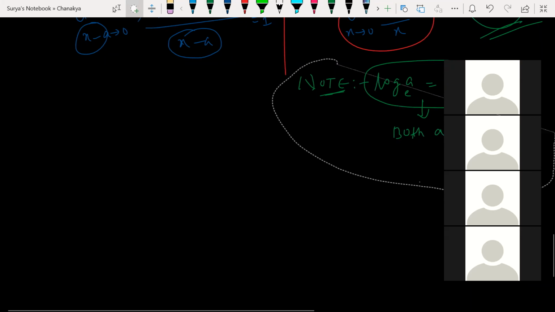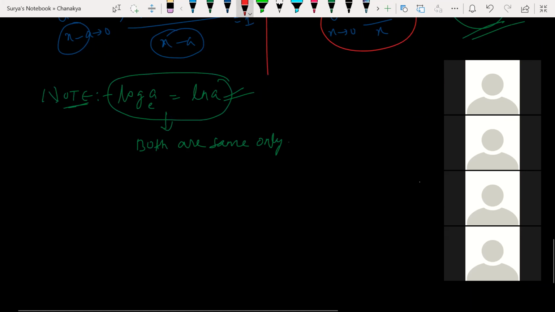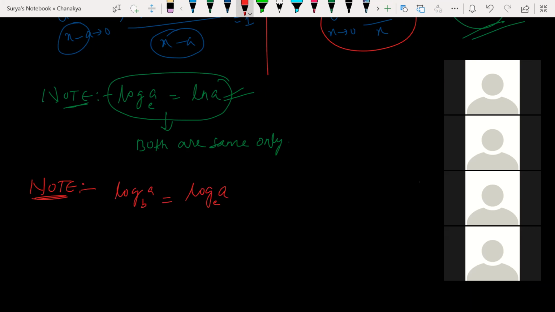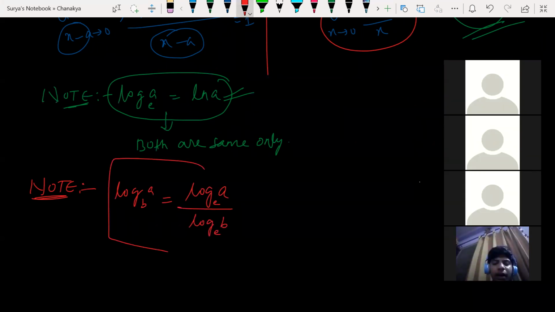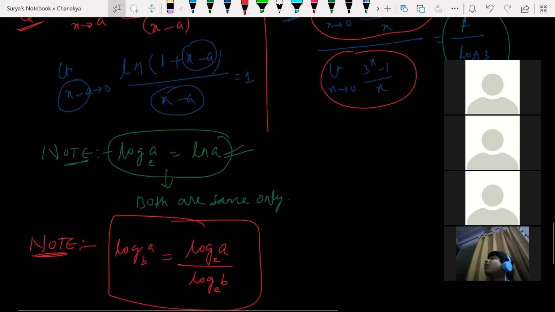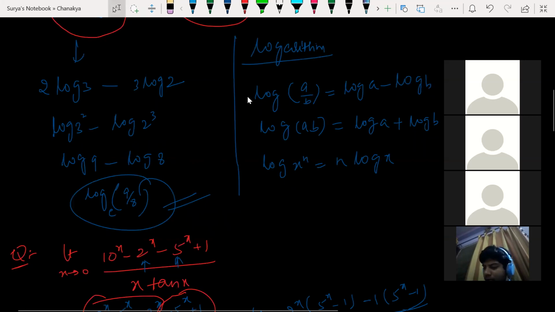Take this note somewhere here. One more note you can write here. Log A base B can be written as log A base e divided by log B base e. This is a formula. I wrote a few formulas here, logarithmics, very, very important.